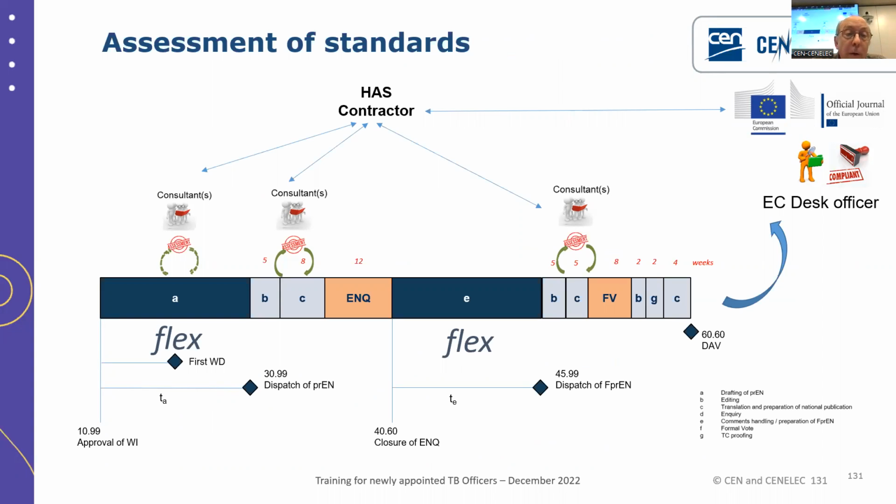It means when the document was mature enough, not yet ready for inquiry, but sufficiently mature, it was possible to get, and it's still possible now, a first assessment, which will allow you to get a first idea of what the lacks in the standard are. And I can only encourage you to do this, because it is very helpful for the TC at later stage.